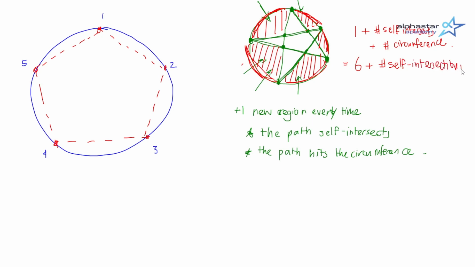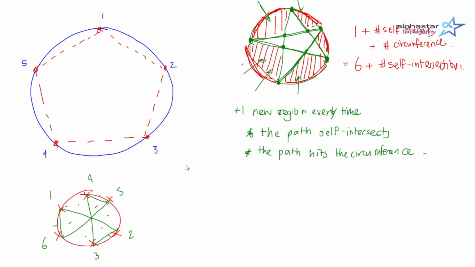Notice that we can also do this because, well, we have the special case. Imagine we had a regular hexagon instead of a pentagon. We would need to worry about this, for example, this triple intersection. I'll draw an example. If we start here, 1, 2, 3, 4, 5, 6, and then we go back to 1. Notice that this creates 1, 2, 3, 4, 5, 6, 7, 8, 9 regions, but it self-intersects 3 times.